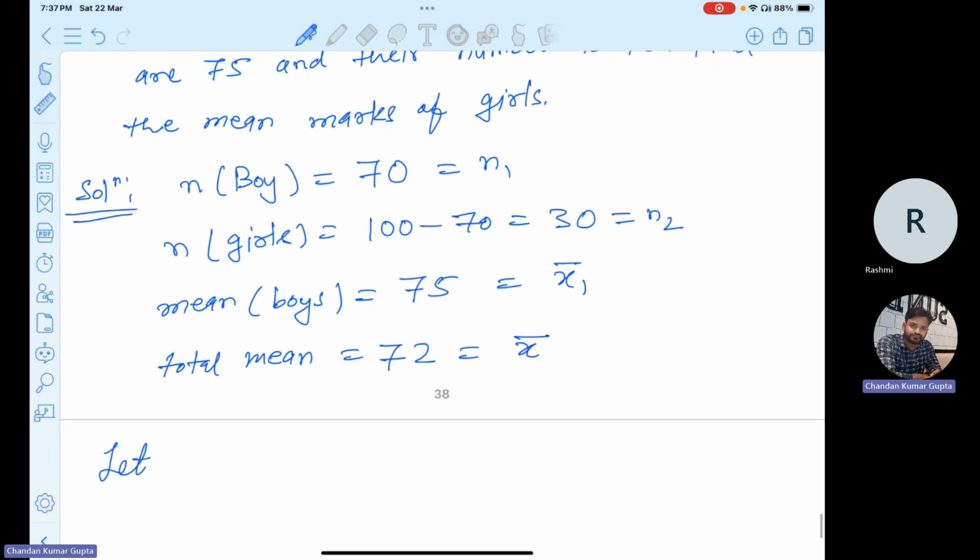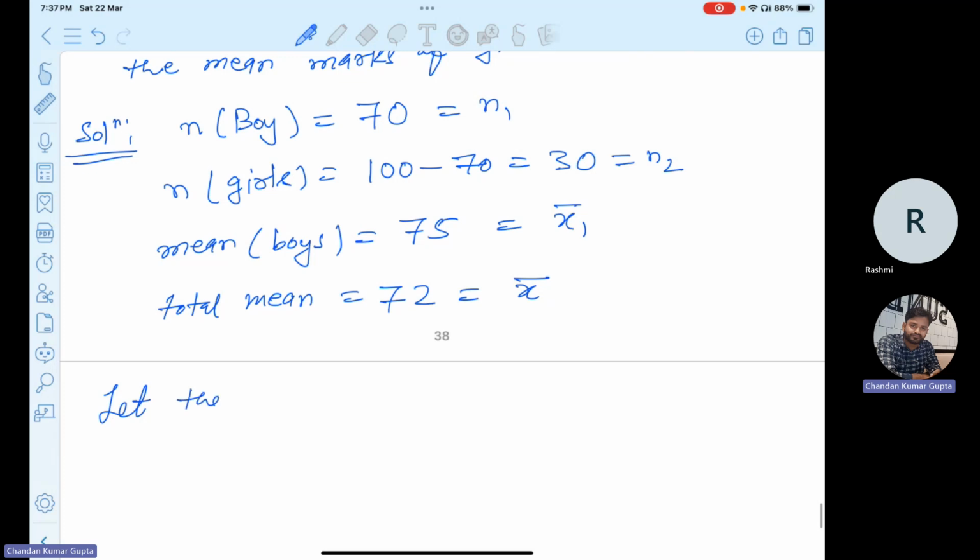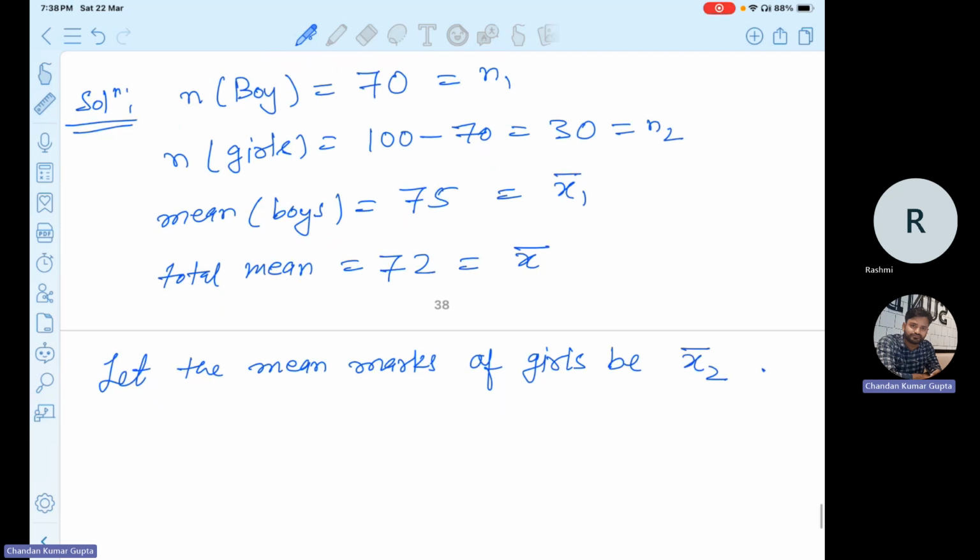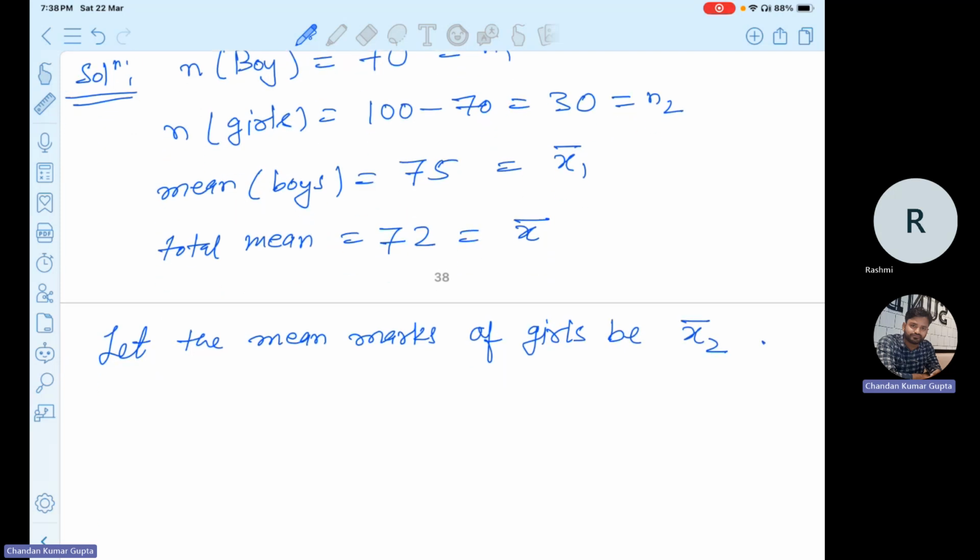Let the mean marks of girls be X2 bar. So we have a combined mean formula.